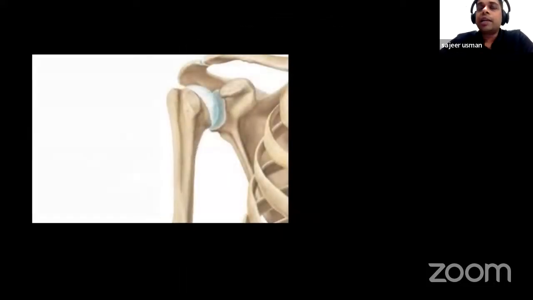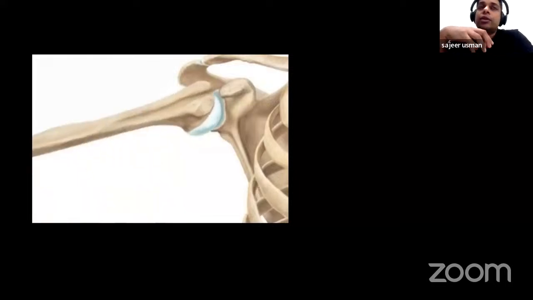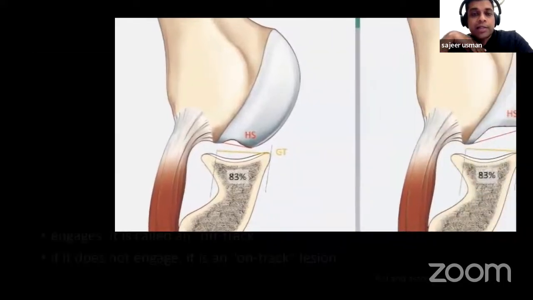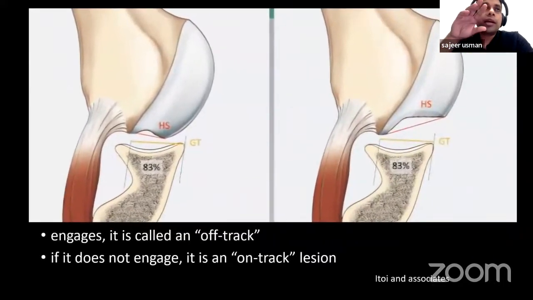But how do we dynamically assess the Hill-Sachs? How can you say on a preoperative test whether the Hill-Sachs is engaging or not? When the shoulder is abducted 90 degrees, you know that the area of the glenoid that comes into contact with the humeral head is the track. So the track is now related to the defect on the humeral head. With this comparison, you can say whether the humeral head lesion, the Hill-Sachs, is smaller than the track, which is an on-track lesion.